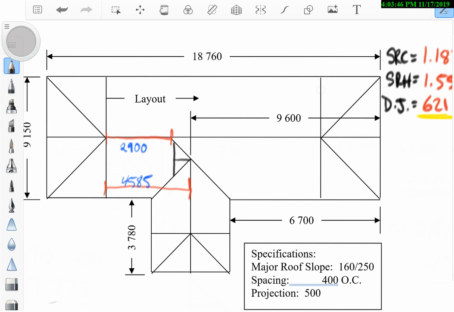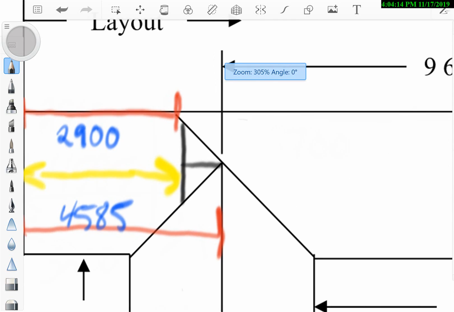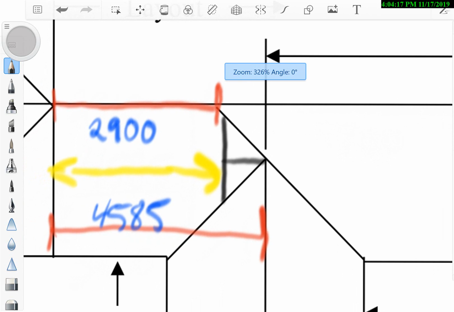Okay. So the way that we determine how far over this rafter is, I'm going to go ahead and blow this up a little bit, is we have to take the distance to the supporting valley and divide that by our on-center spacing.